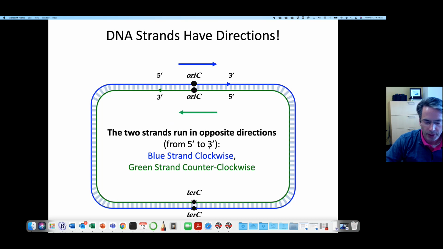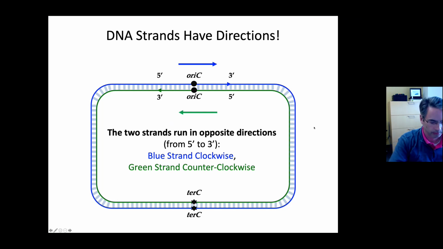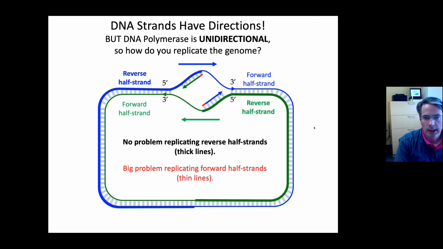And if we think about how this thing replicates, it's going to have a directionality to it, where on the blue strand, going 5' to 3' from left to right, the DNA polymerase is actually going to build the new strand in this direction.